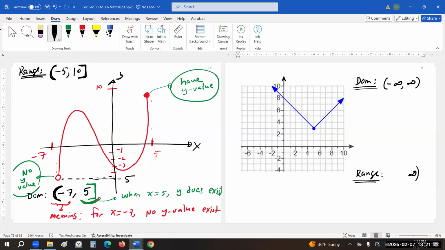Is this the smallest y value? 0 is here. Do you have any graph when y is 0? Isn't it 3? See? This is the smallest y value we have. So it starts from 3. And then you grow up to infinity.